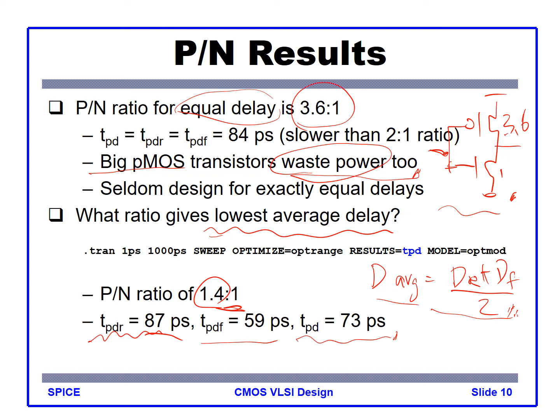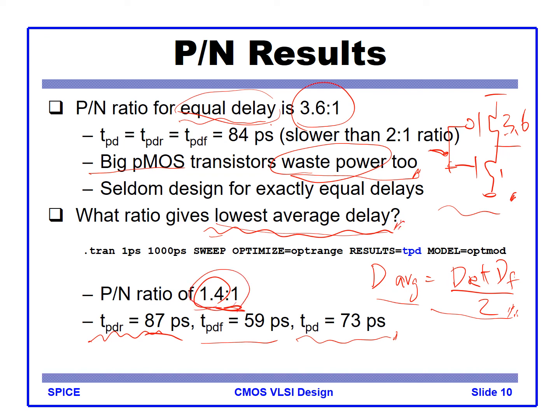But when you do most custom design, you may choose differently. Depending on the actual design specification, you can choose whether you want equal delay or the lowest average delay design.